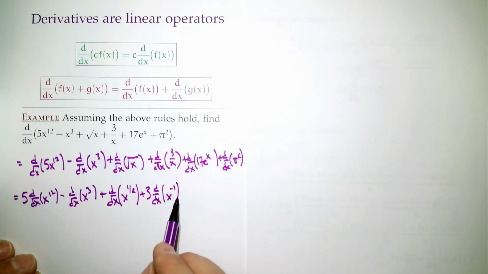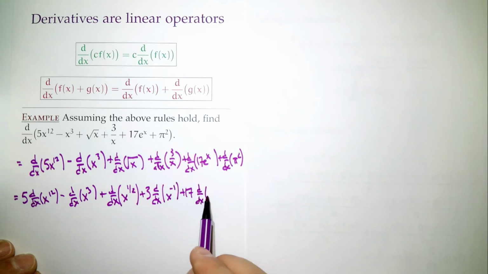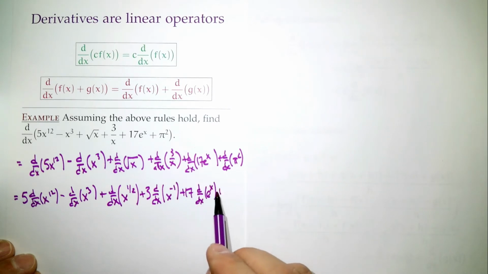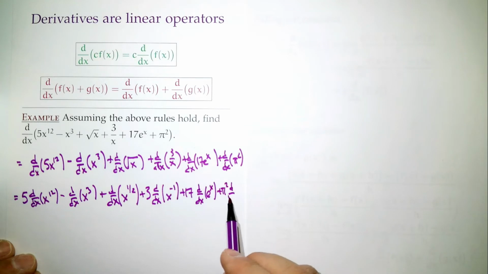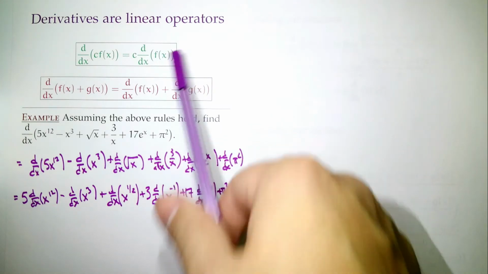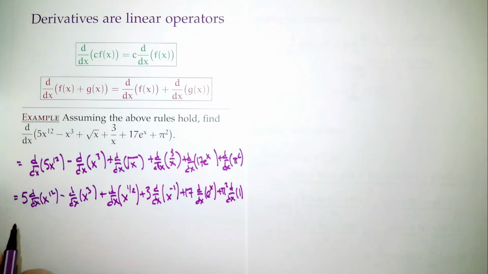X to the negative 1, plus 17 times the derivative of e to the x. And here I can actually pull out a pi squared and be left with the derivative of 1. So I'm pulling out all the constants. So now I'm using the other fact that constants pull out. And now we just go through one by one.